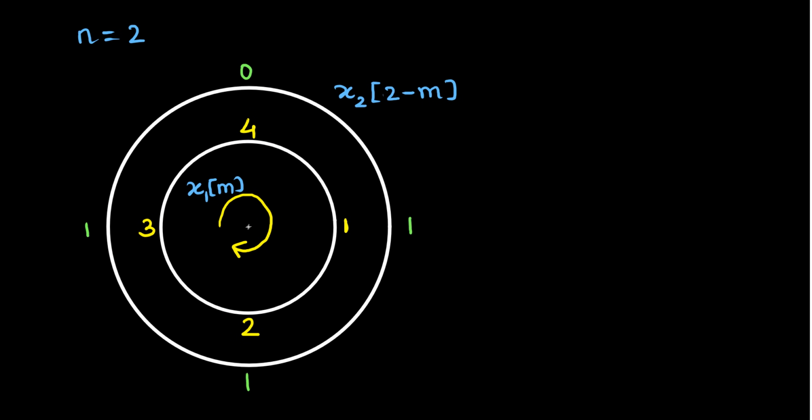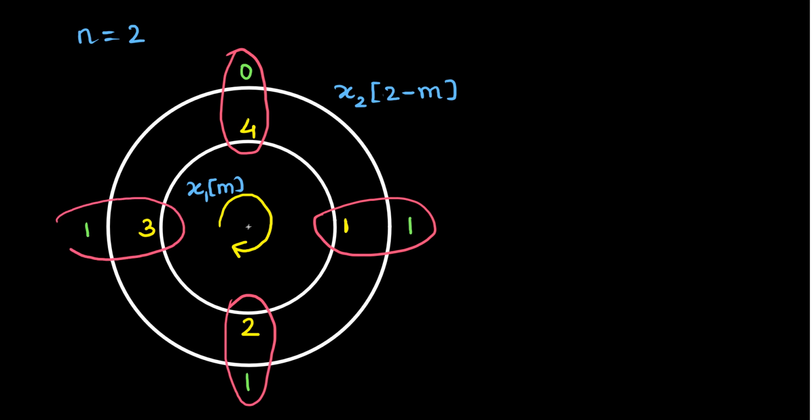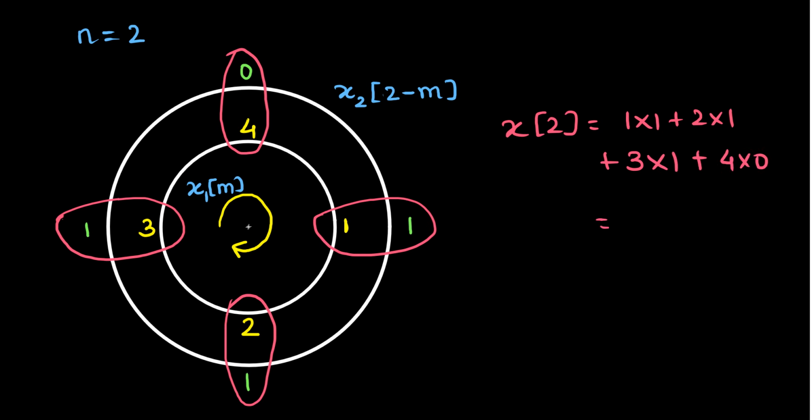Now again we would be multiplying it with the corresponding elements of x1 of m. Therefore, the value of x of 2 is equal to 1 into 1 plus 2 into 1 plus 3 into 1 plus 4 into 0, which is equal to 6.